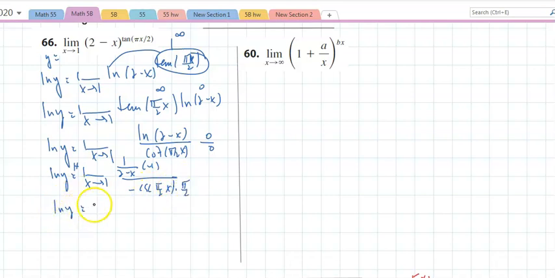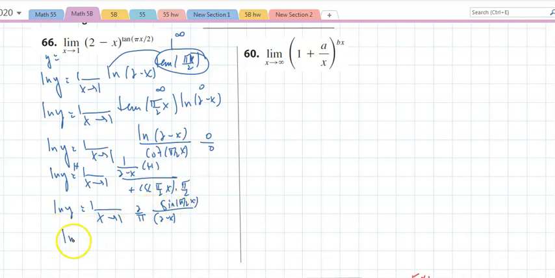Natural log of y equals the limit as x approaches 1 of, let's see how this works, the negatives cancel out, 2 over pi times 1 over 2 minus x times, and the cosecant squared comes out as a sine squared of pi over 2x.